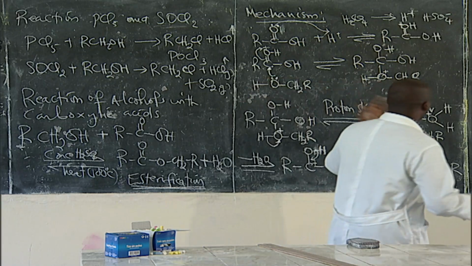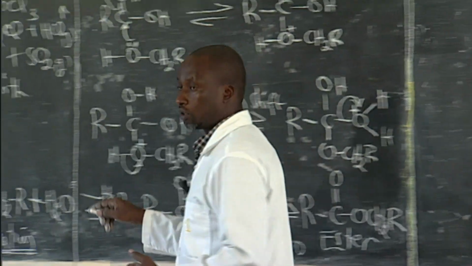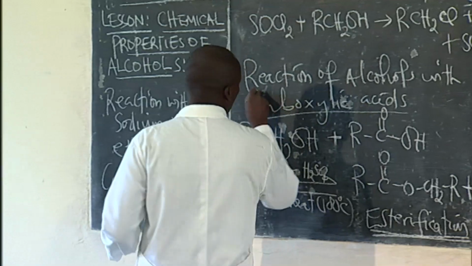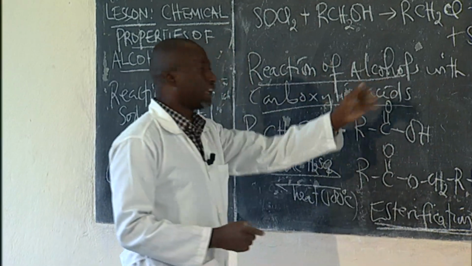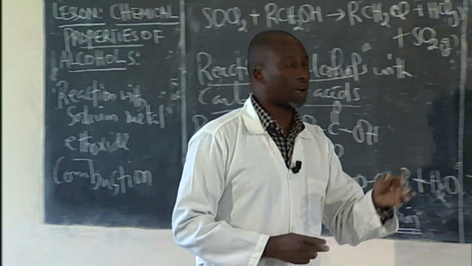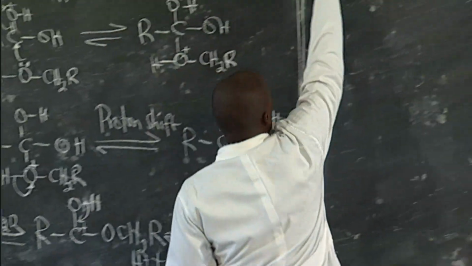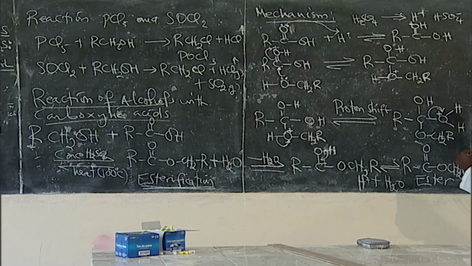Let's proceed and look at another reaction. That was a reaction between carboxylic acids and the alcohols. So we'll go to another reaction where we are going to look at the reaction of alcohols and concentrated sulfuric acid.